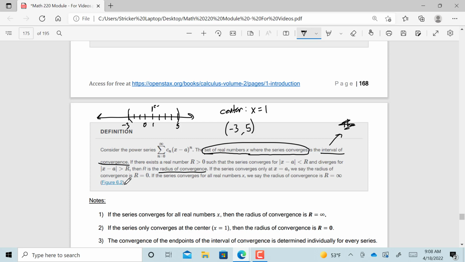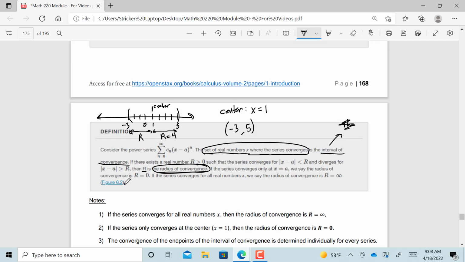This is the center. What's the radius of that interval? So what's the distance from the center out to each endpoint? So this is r, that's our radius. When we talk about the radius of convergence, that's r. What is that distance for this? Well, it's 4, right? It's 4 from 1 to 5, and it's a distance of 4 from 1 to -3.